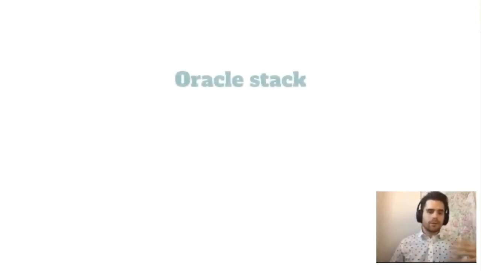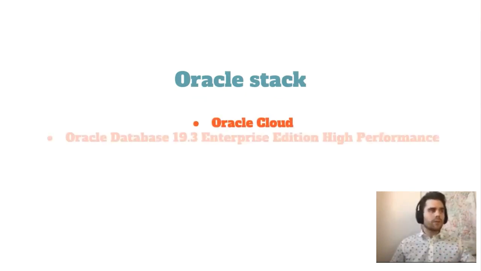So all of what I'm about to show today is possible on the Oracle Cloud. And I want to mention that because we use an entirely Oracle stack to build the Faby application. First of all, we are hosted on the Oracle Cloud. We use the Oracle Database 19.3 Enterprise Edition.